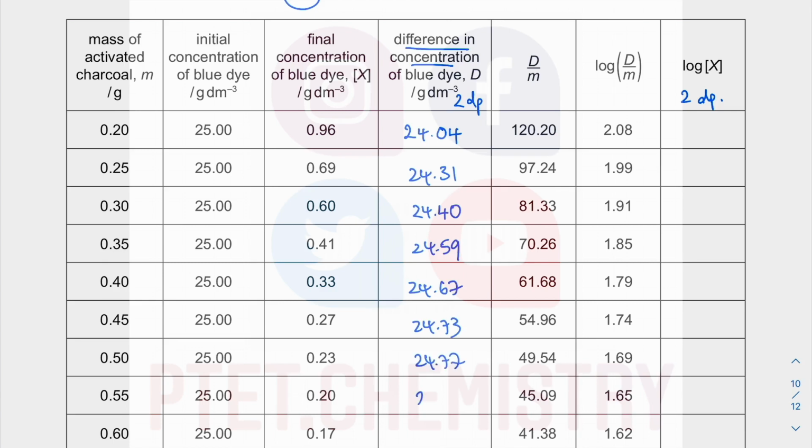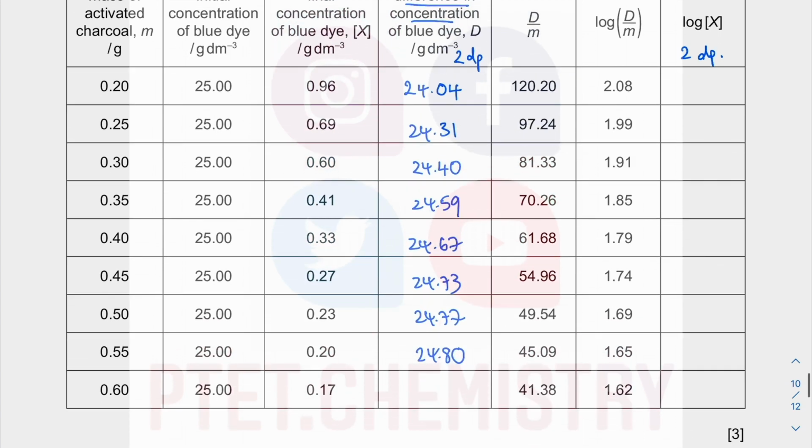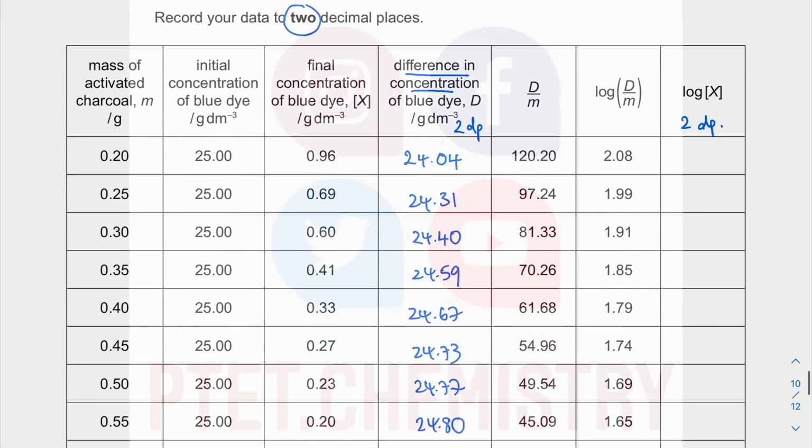This is another one where your calculator shows 24.8. You've got to put a 0 to make it 2 decimal places. You're going to take the log of this value, so there's log 10. It shows a negative 0.02, because we want 2 decimal places, not 2 significant figures.